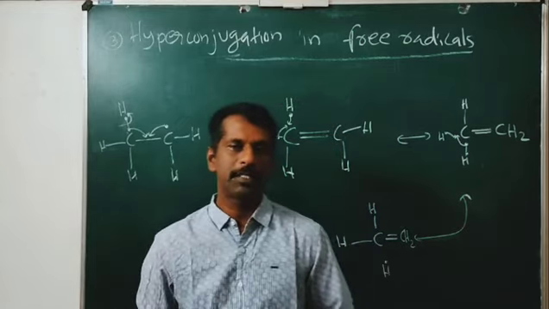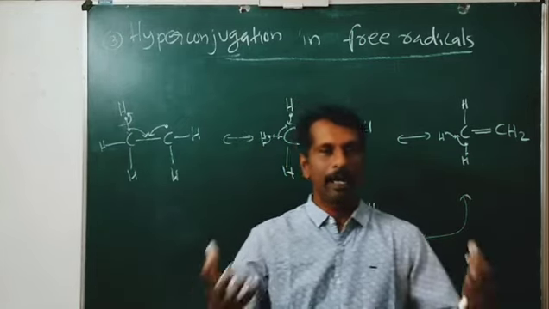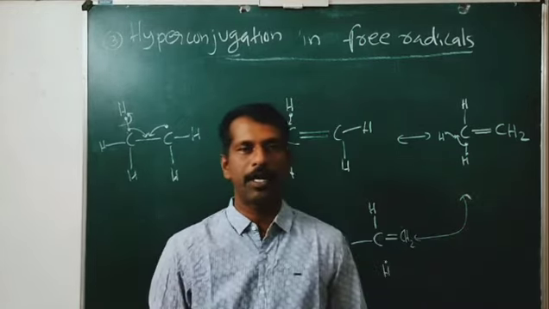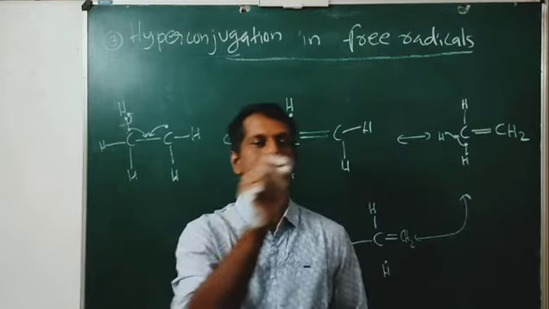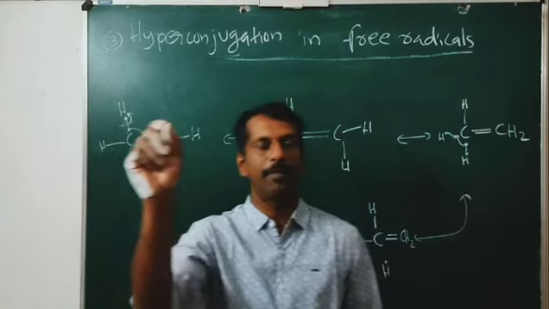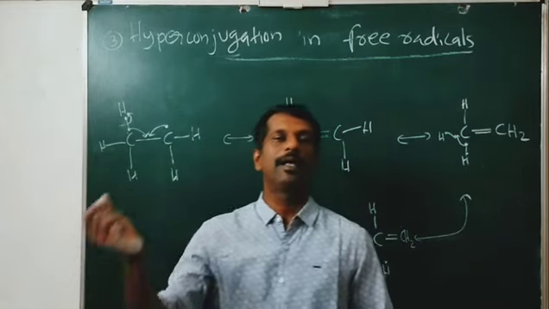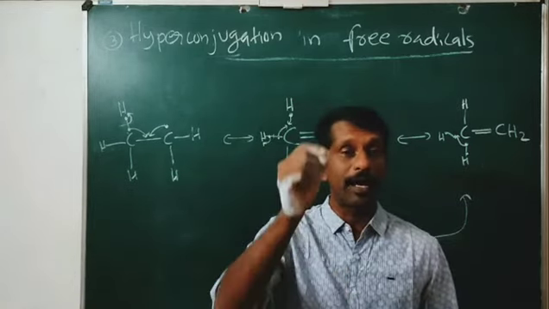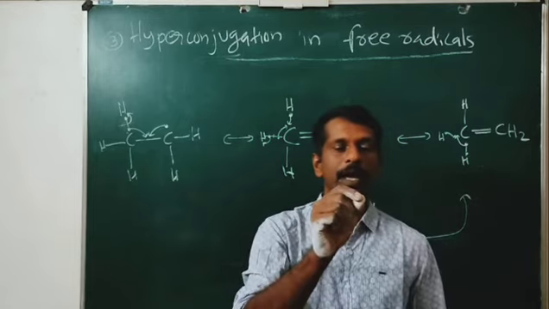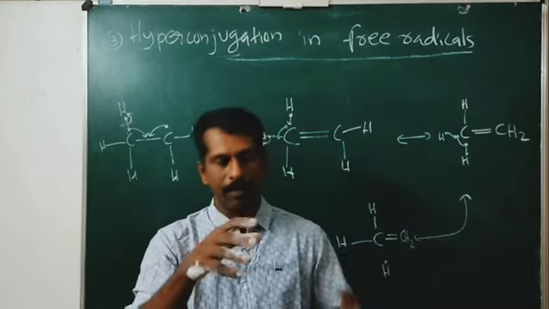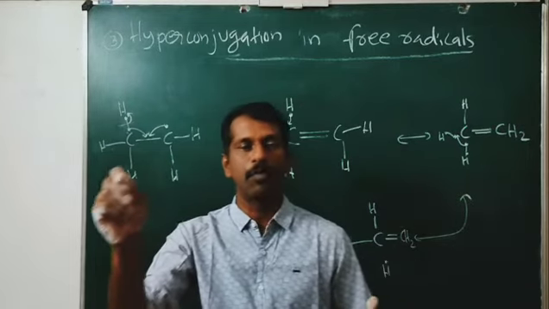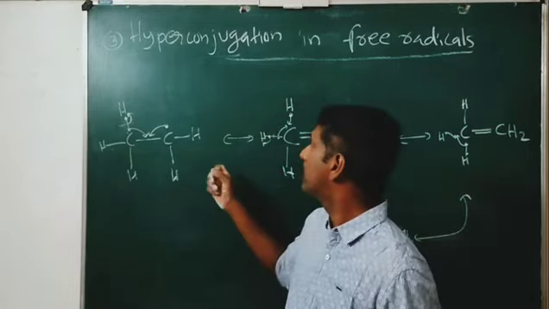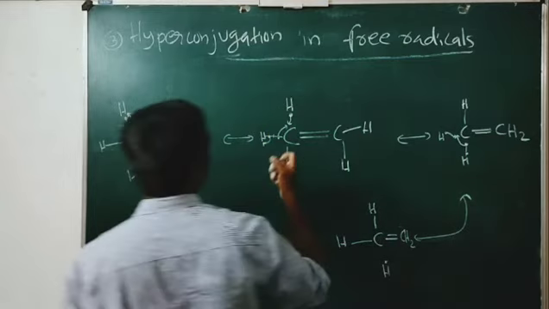So we have discussed three types of hyperconjugation. Hyperconjugation in alkene, which is designated as sigma-pi hyperconjugation. The second is hyperconjugation in carbocation, explained as sigma-p hyperconjugation interaction, and the last one is hyperconjugation in free radical.